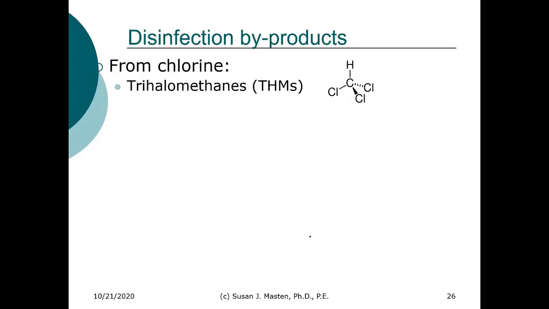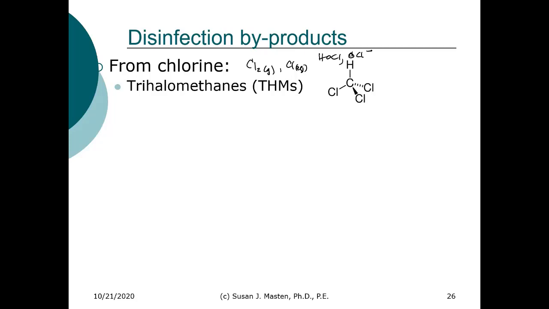I'm going to go back. Actually, we'll just do this one. So when we look at, I've mentioned this a number of times, disinfection byproducts. We've talked about a number of compounds that contain chlorine. This is from chlorine gas, aqueous chlorine, hypochlorite, hypochlorous acid and hypochlorite.